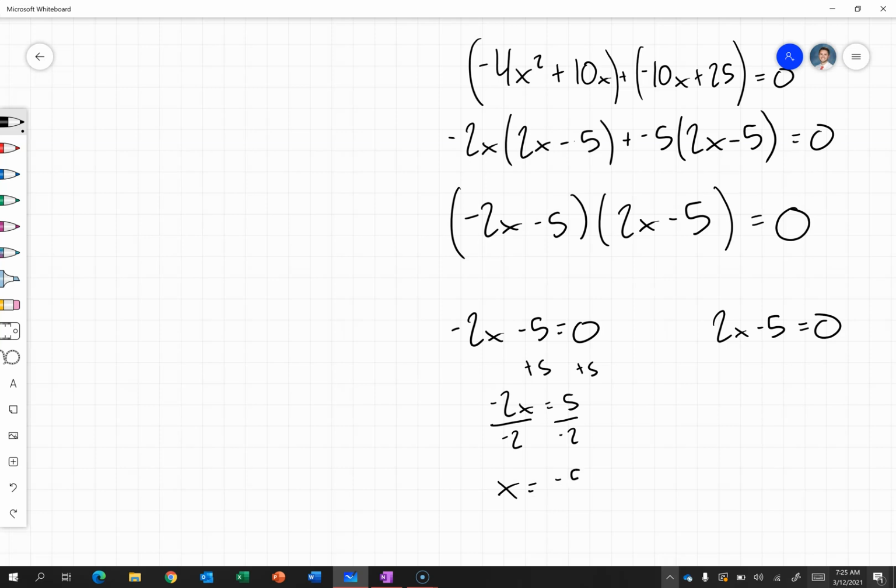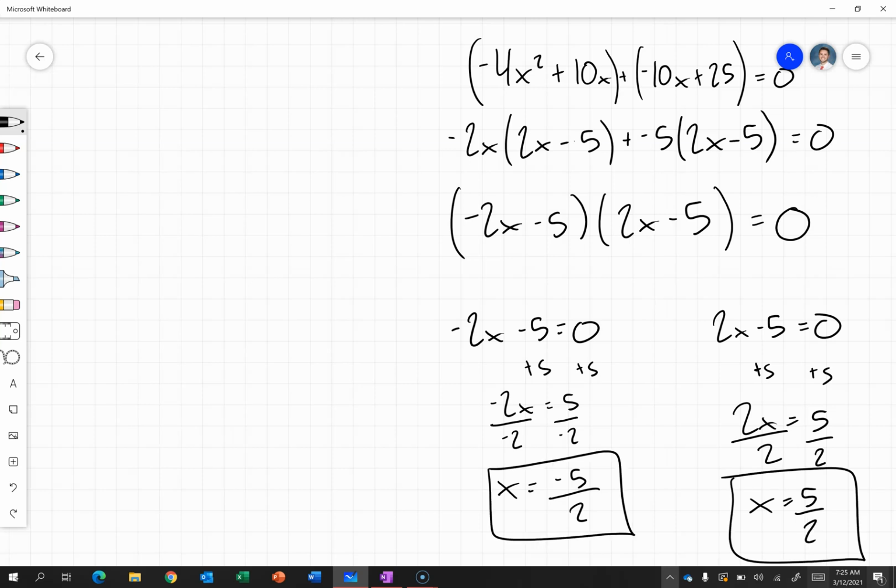So you get x equals negative 5 over 2, and x equals 5 over 2. And those would be my solution to this polynomial.